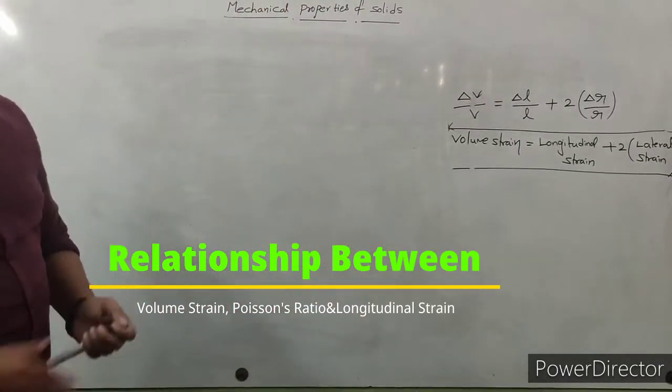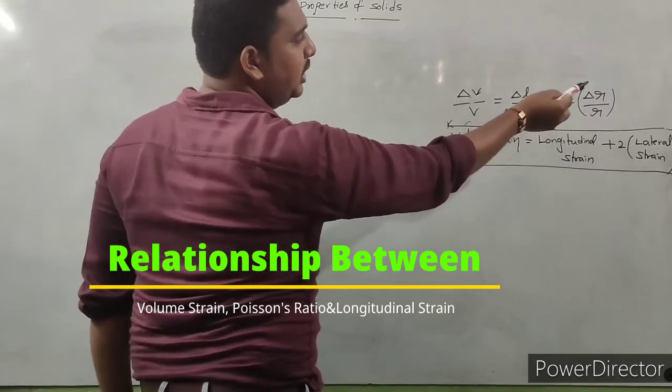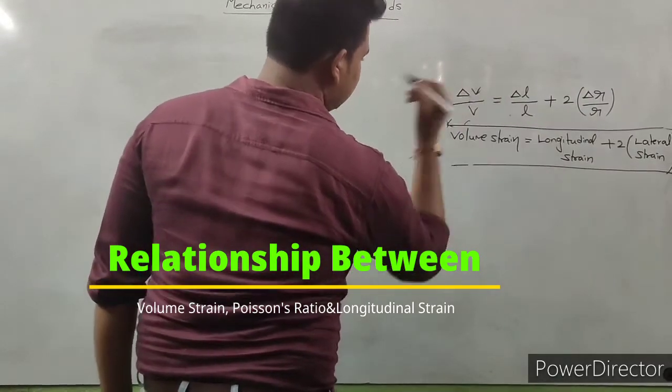What relation we got? Delta V by V is equal to delta L by L plus 2 into delta R by R. This relation we got.